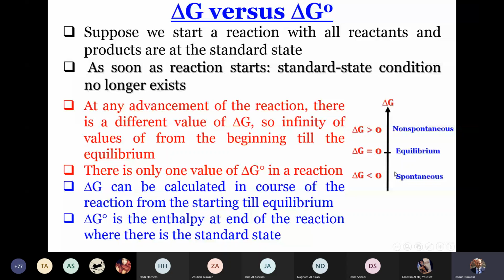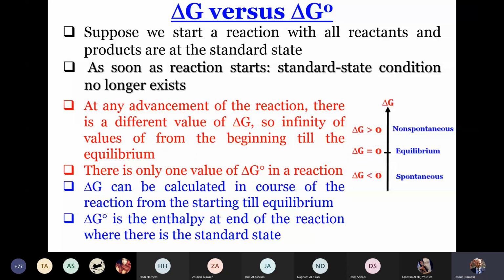The reaction proceeds, so delta G will increase from its negative value till the end. At the end, delta G of the reaction equals 0. If I am at the end and I find that the standard state is present between the reactants and the products, at the end of the reaction I calculate delta G0.